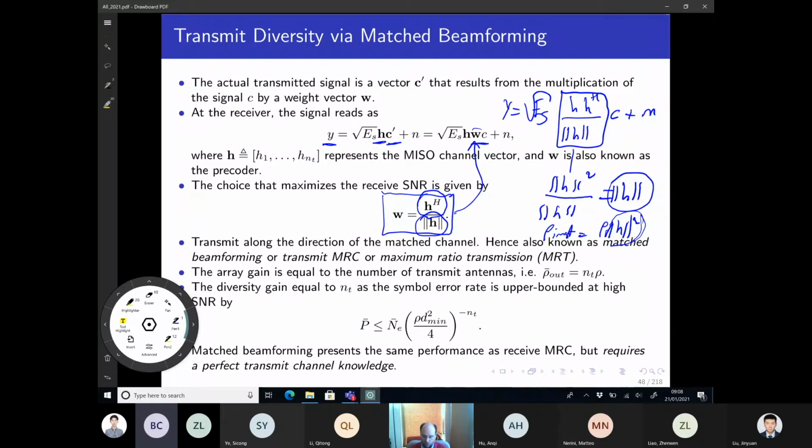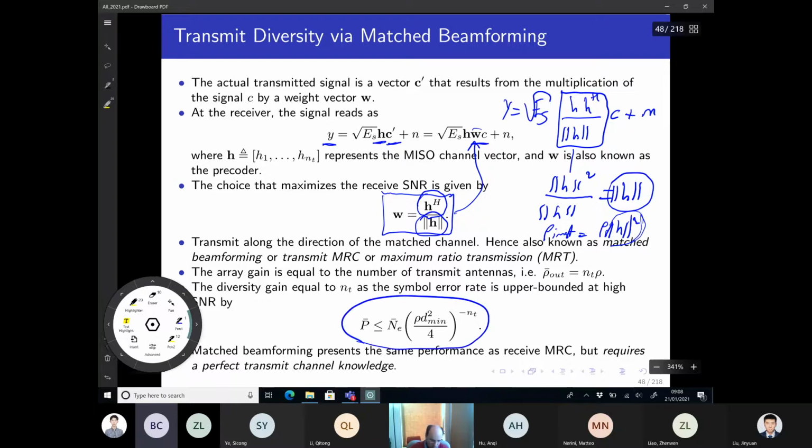You're going to have something that looks like a chi-square distributed random variable, and so you can compute the error probability of this kind of transmit diversity technique, and you end up with this, which is really the same as what we had with MRC.